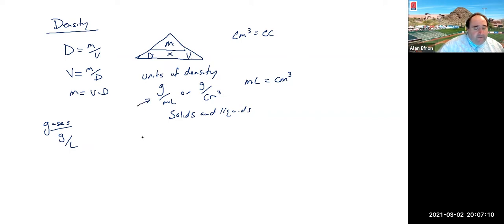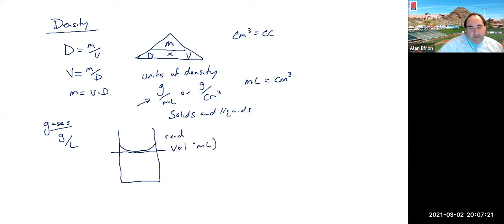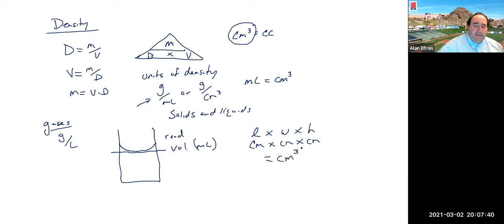And there are a few different ways we can get the volume. We can simply take a volume reading, and that usually would be in milliliters. How would we get something in cubic centimeters? Well, if you had a cube and you took a length times a width times a height measurement, each in centimeters, when you multiply centimeters times centimeters times centimeters, you end up with cubic centimeters, which is a volume.